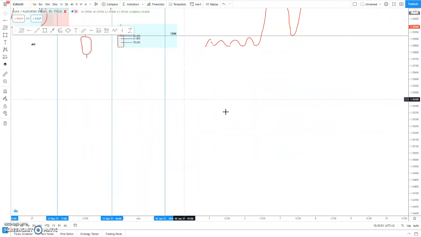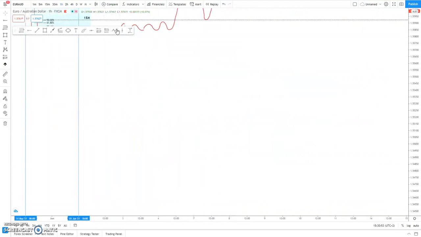In a bullish market, the demand zone will be a bearish candle: bearish candles, a little bull, and another bearish candle.